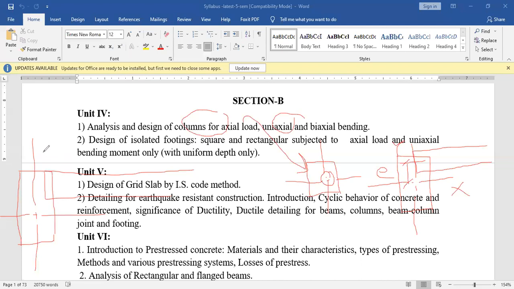So you have this eccentricity in this axis as well. This is eccentricity 1. Also, you will have this eccentricity at this axis as well. So this is eccentricity 2. And that's the reason it is called biaxial bending. So that's the term, uniaxial bending and then biaxial bending.